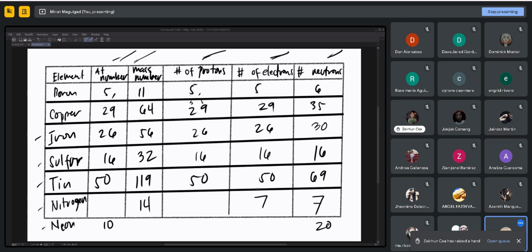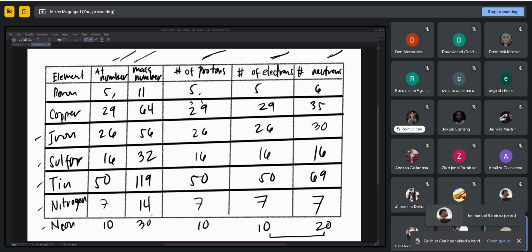Yes, tama. 7 lahat. Then, si neon ay 10, 10, 10. Then, we must add this to get the mass number. Okay? So, tingin ko, ito na po ang sagot. Kung may mga lapses like nitrogen and sulfur, siguro bonus ko na lang itong dalawang to. Then, may tatlo tayong elements.